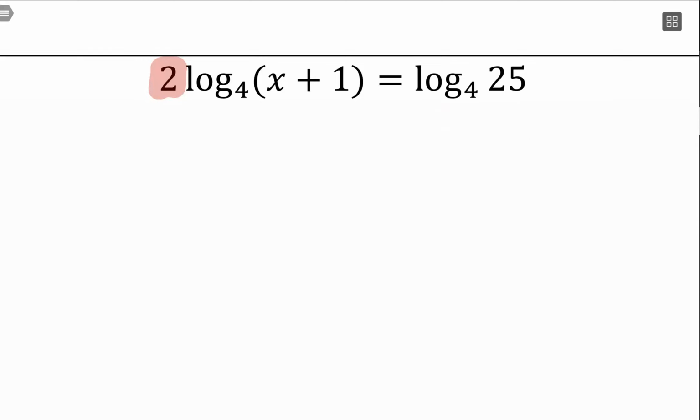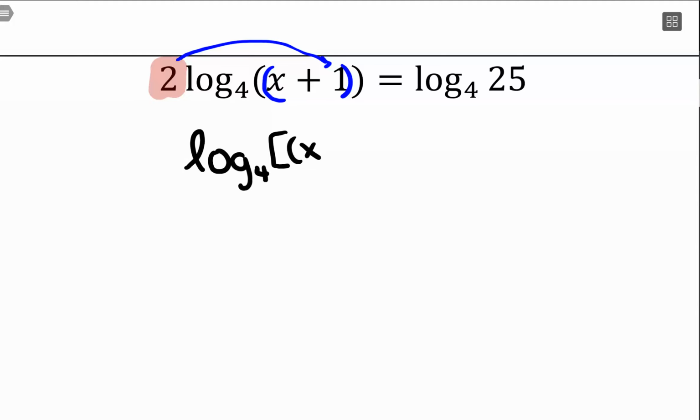I'm going to use the exponent rule, and the idea that that can come inside as an exponent over everything inside that logarithm. So I'm going to change that to logarithm base 4 of (x plus 1) squared equals logarithm base 4 of 25.